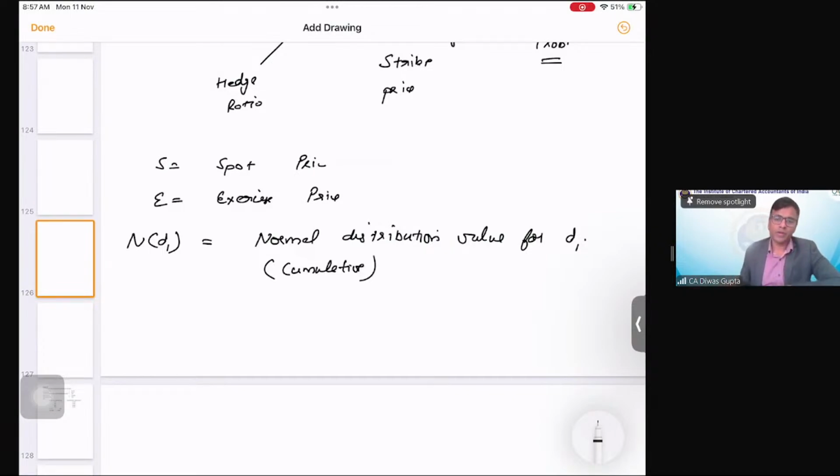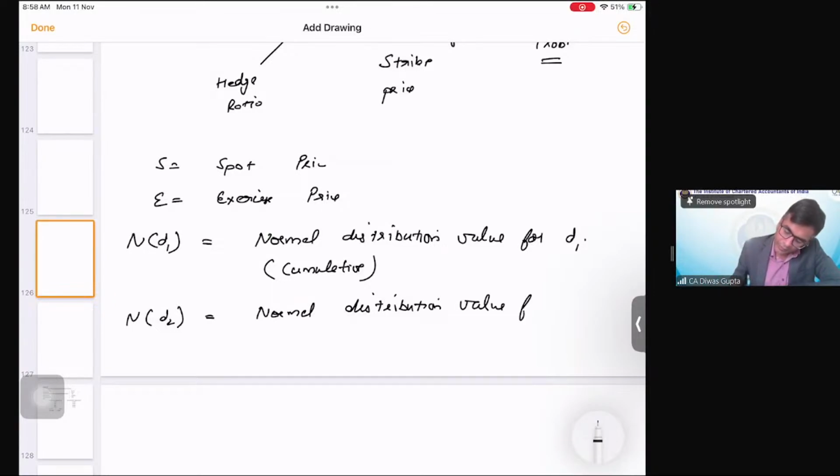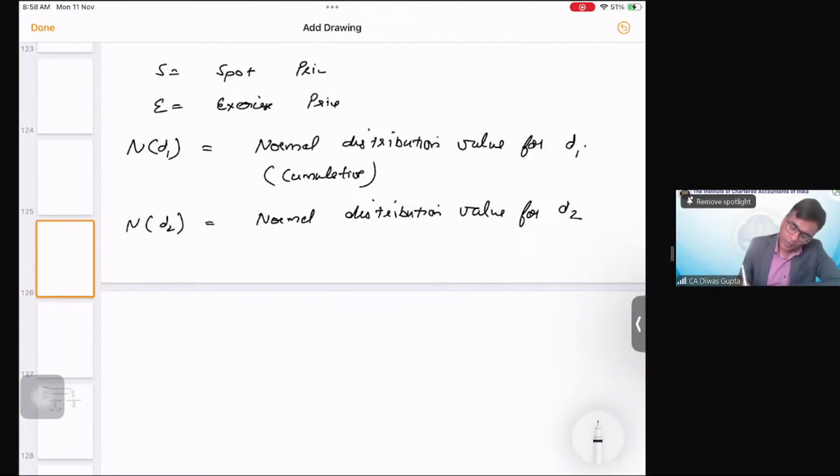I will come to what a normal distribution is. Some of you might already know this. Then N(d2) is the normal distribution value for d2. This is also cumulative.